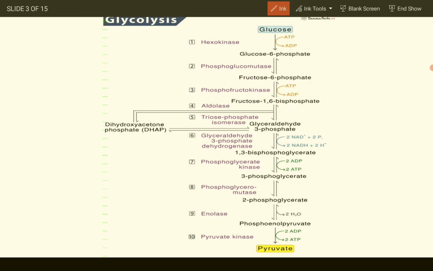Now the next step is where fructose 1,6-bisphosphate is broken down into two molecules: one is dihydroxyacetone phosphate, DHAP, and the other is glyceraldehyde 3-phosphate.